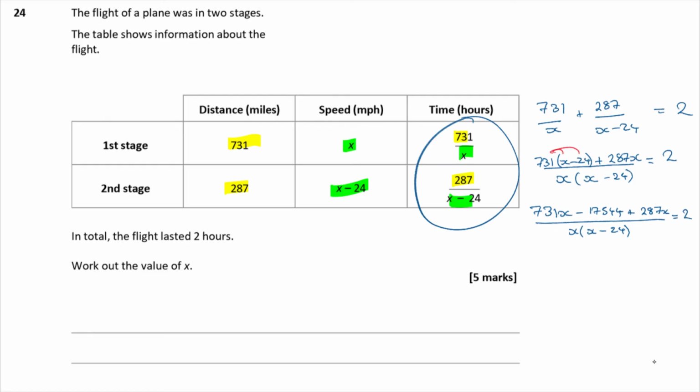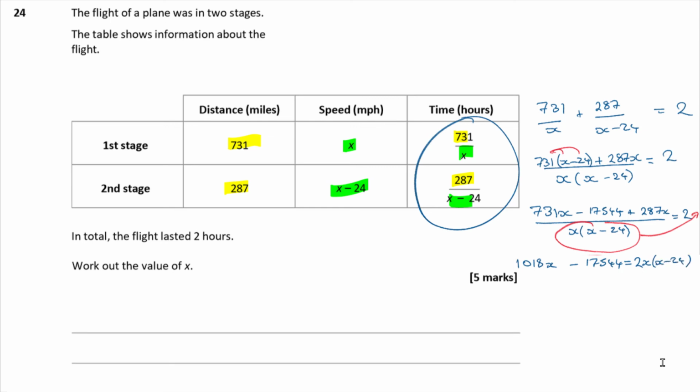Okay, now the next thing I'm going to do is I'm going to cross multiply this up here, just multiplying through both sides with x minus 24. So that's 1018x minus 17544, and that is going to be equal to 2 lots of x minus 24.